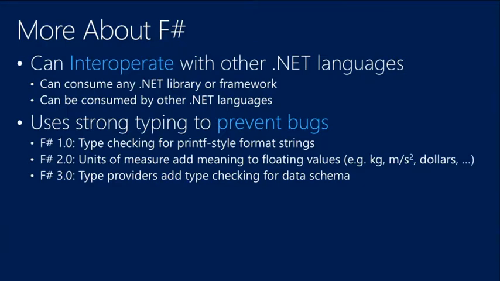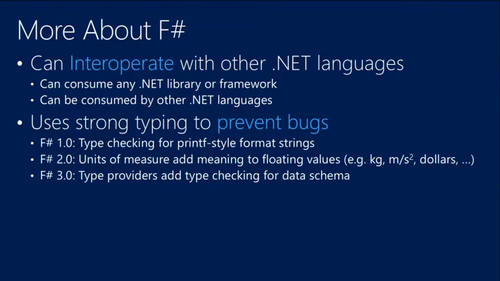For example, in F# 1.0, a feature was there that I thought was super cool. For printf style format strings, where you have %d and %s, where you're actually declaring the types and how they should be formatted within the string, it would do type checking on the arguments passed in. So if you had %d and you passed a string in, that would get a squiggle and it wouldn't compile.